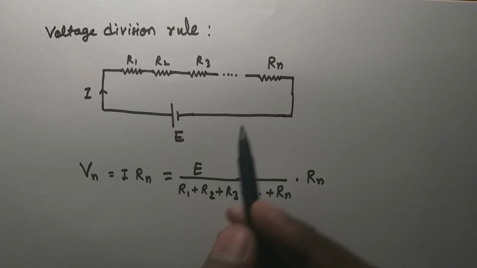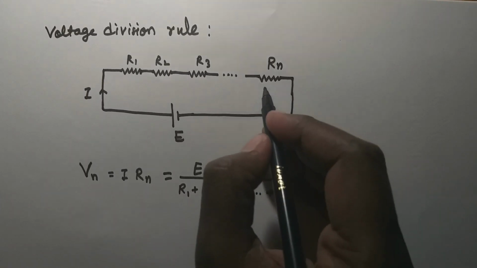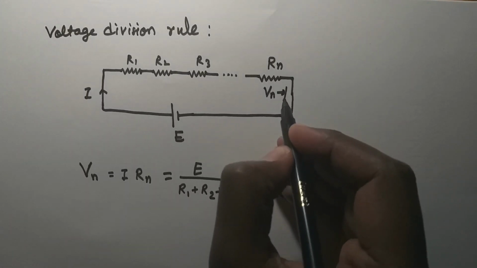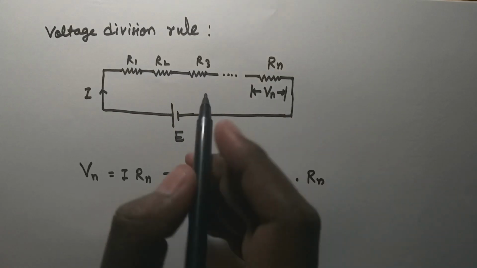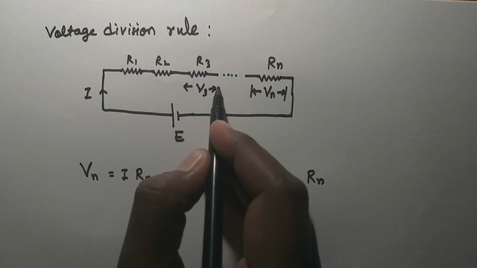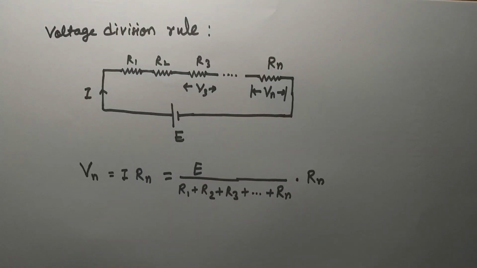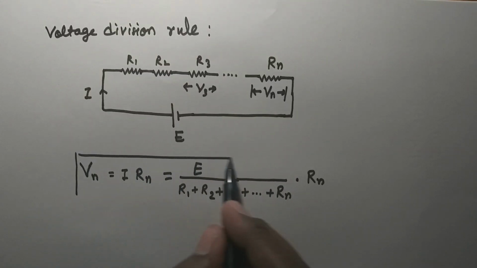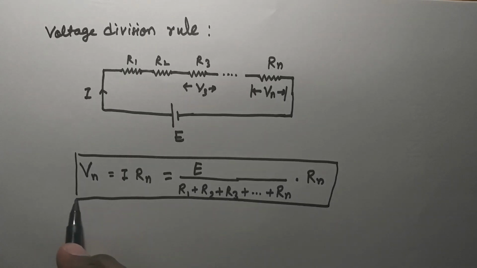So this is the voltage across Rn. Similarly, we can find out the voltage across any of these elements. So this is called the voltage division rule. This is a very simple rule. We can use this result directly in various problems.